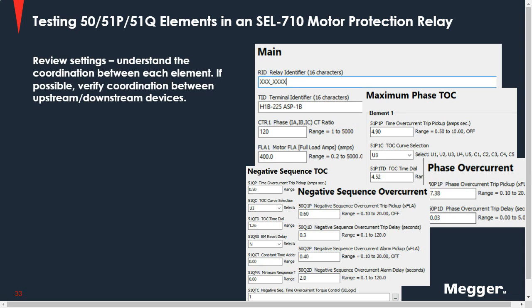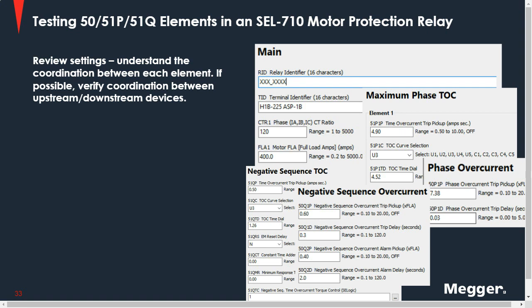When it comes to testing, it's really important to review the settings, and one of the biggest difficulties that testing technicians face, and this is not just with symmetrical components but across the board, is understanding what is being tested. It can be as simple as understanding what units we are using.